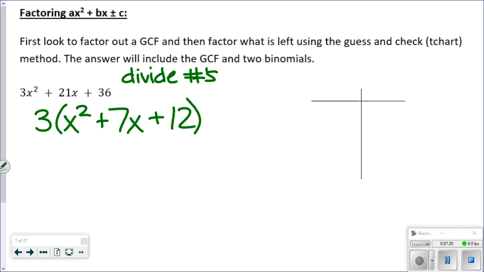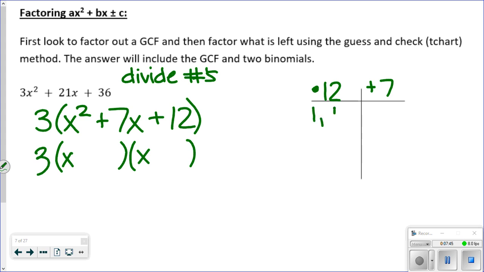And then we ignore the original question, and when we factor, we need to focus on numbers that multiply to get 12, that's our new number, and add to get 7. So come up with 2 numbers that multiply to get 12 and add to get 7.